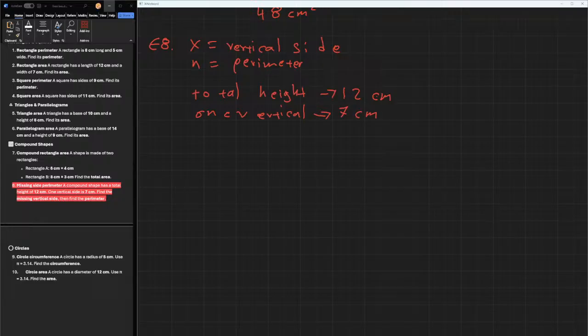The shape has a total height of 12. One vertical side is 7. Find the missing vertical side, and then find the perimeter.